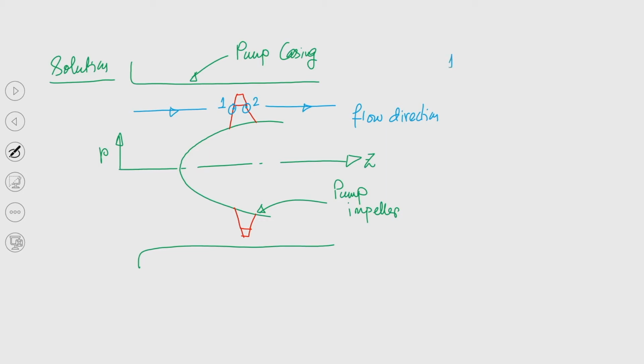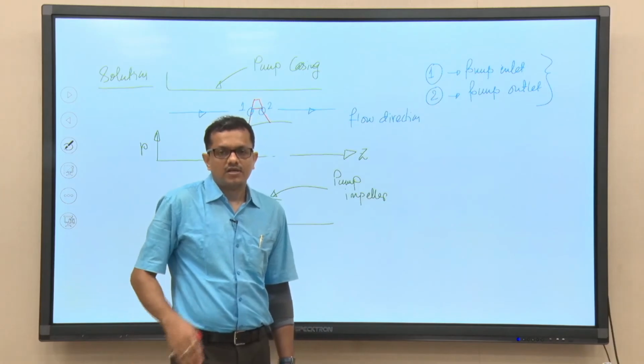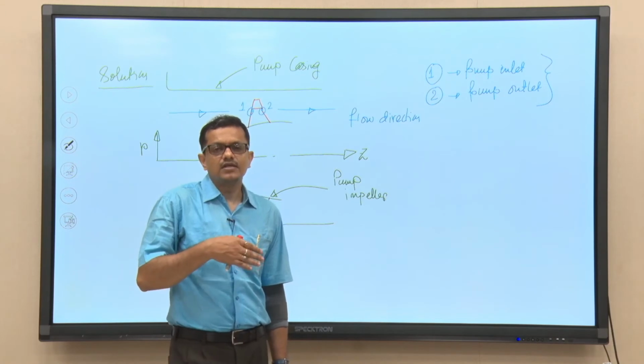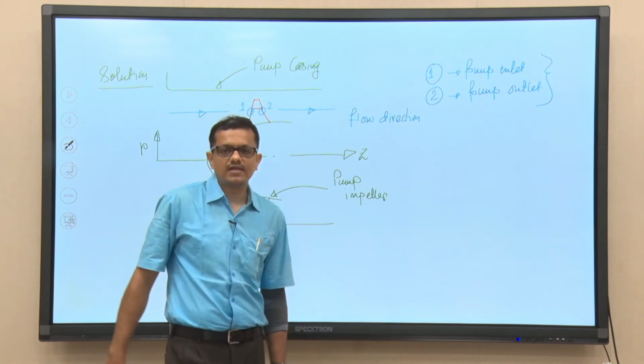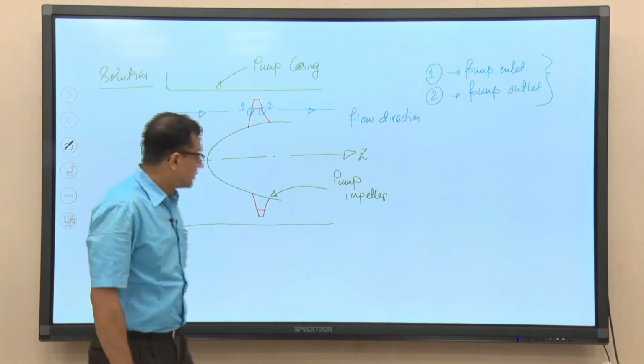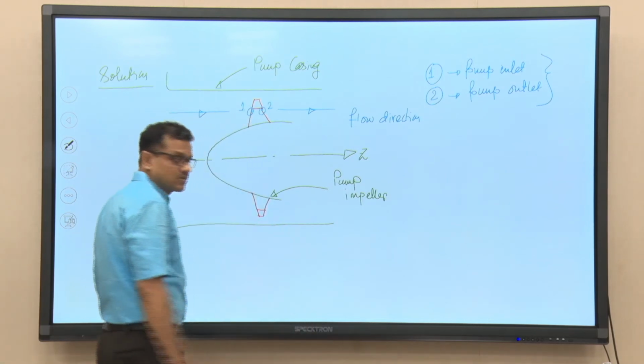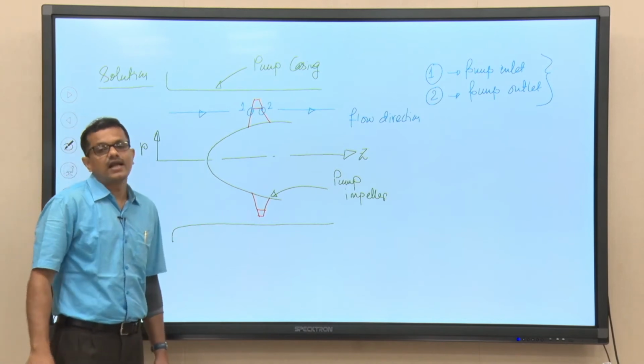So, 1 is pump inlet and 2 is pump outlet. I am taking a few minutes to recapitulate what we have learned before, because whatever we have learned will be required today to solve the example that we have already read. Now the next task should be to draw the velocity triangle at the inlet and at the outlet.